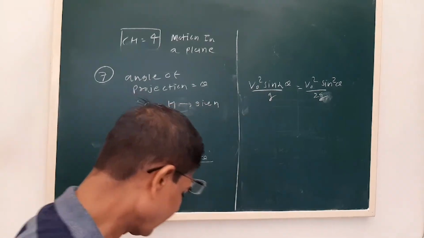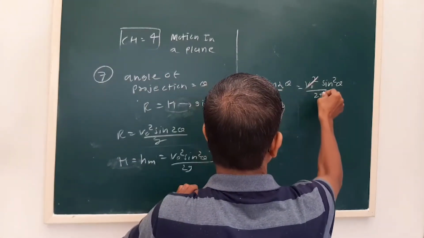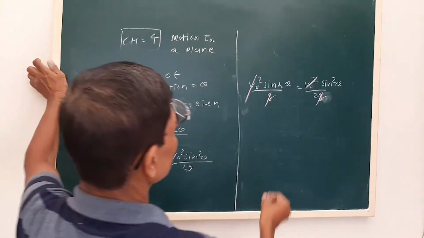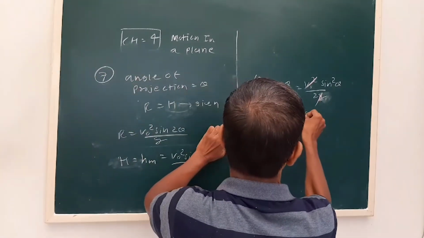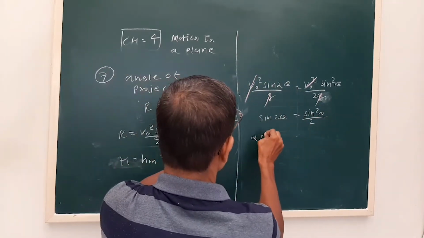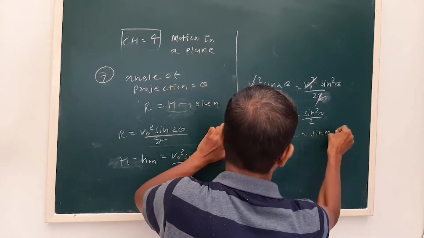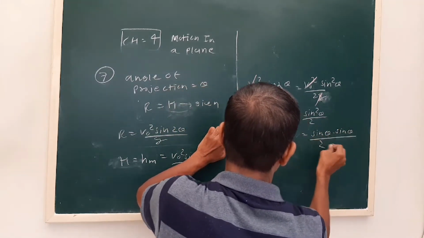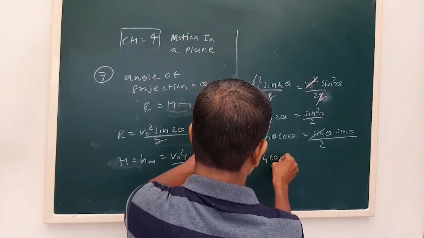Now we have to simplify. Sine 2 theta is 2 sine theta cos theta.